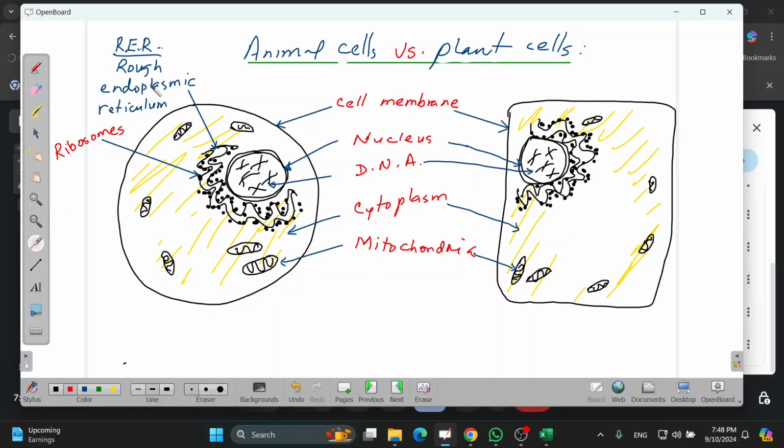I just put it there for your own information to know that is where the ribosomes are found. Though you may also have some ribosomes floating on the cytoplasm. Let me just put some also floating around. Some ribosomes.